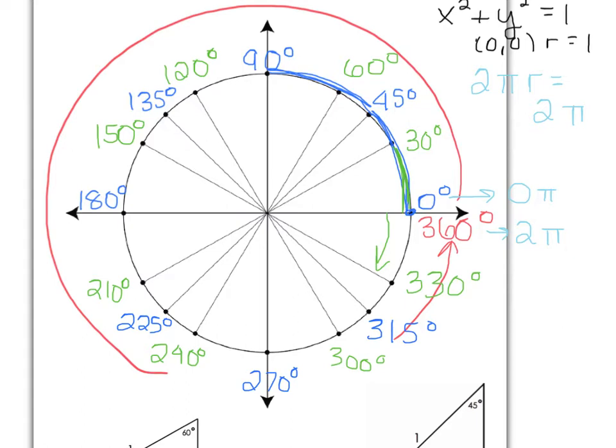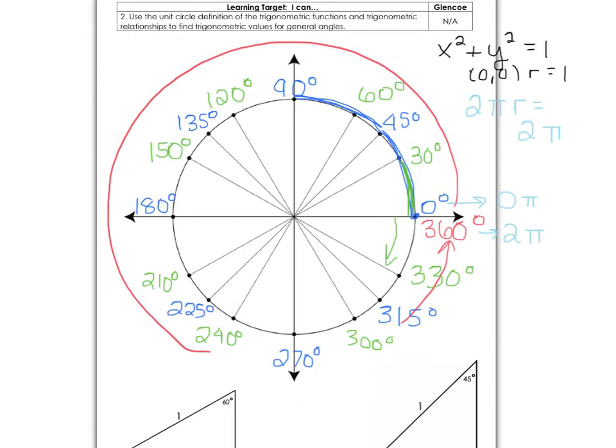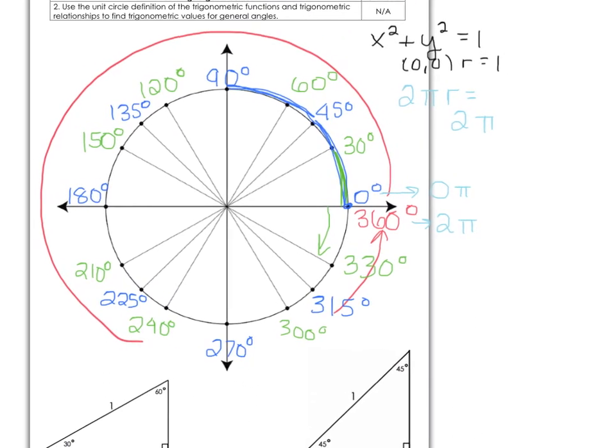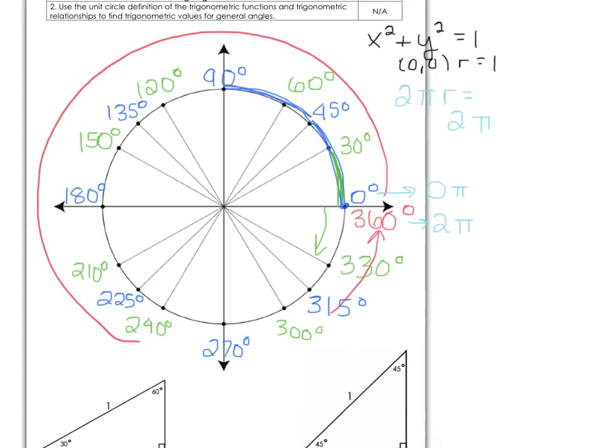Now let's continue to think about portions of our pi, portions of our unit circle to fill in our remaining values, okay? Well, half of 360 was 180, so half of 2 pi gets me the radian equivalent for 180, which is pi. So halfway around the circle represents pi.